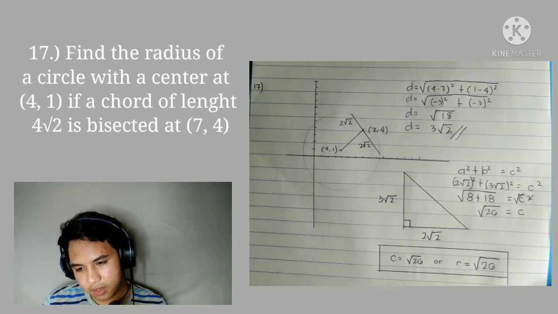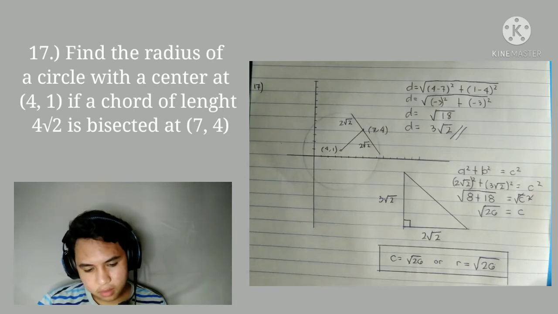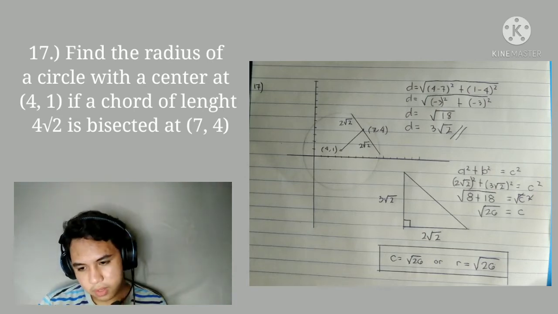Now as you can see in the drawing, we can draw a diagram, and if we divide the length of our chord in half, we get 2√2.